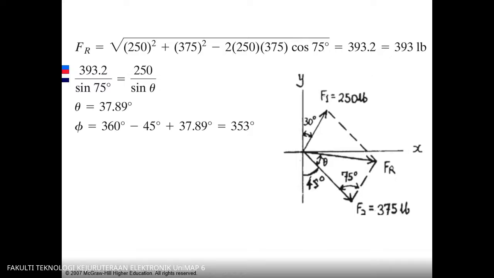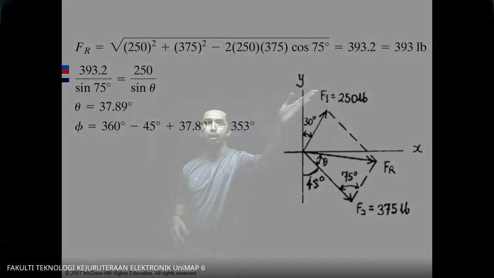So you need to draw another figure that represents the vectors. We have F1, F2, and then you need to draw the parallelogram. Do you see? F1 is over here.